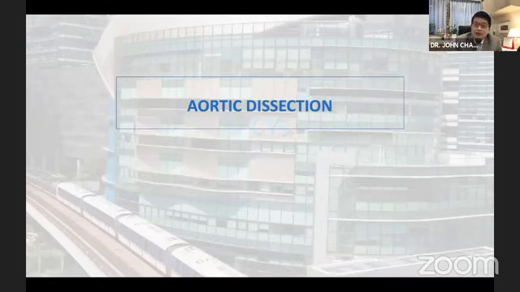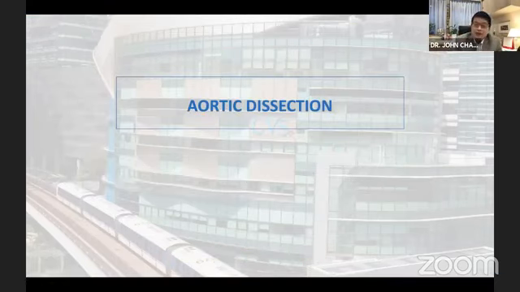So aortic dissection is, as we know, a tear in the aorta. The aorta typically has three layers, and what happens in aortic dissection is that one of the layers of the aorta gets torn. Typically, this is due to high blood pressure, which is the most common risk factor for aortic dissection.